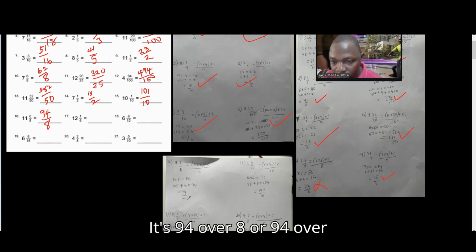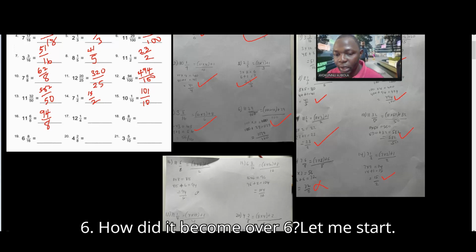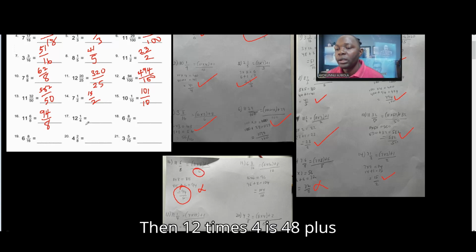Is it 94 over 8 or 94 over 6? How did it become over 6? Then 12 times 4 is 48 plus 1, that's 49 over 4. 12 times 6 is 72. 72 plus 8 is 80. 80 over 12.